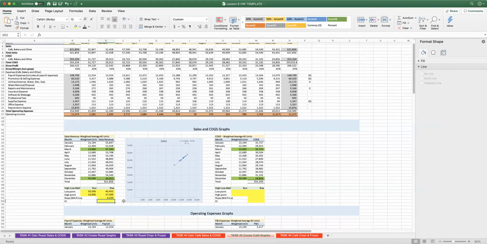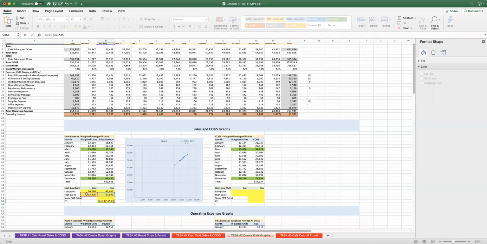Okay, fixed cost is going to be equal to the total cost. You can use either the high point or the low point. So we'll use the high because that's what I usually do. That's the total cost. Subtract out the variable cost and you get the fixed cost. So that is quantity at that same point times the variable cost, which is in cell D52.